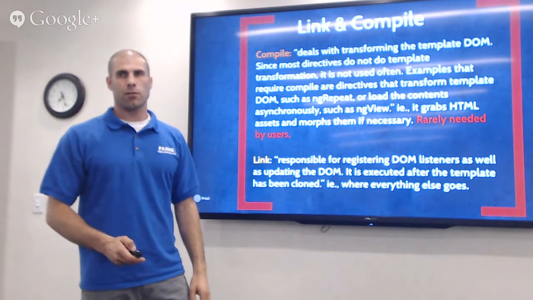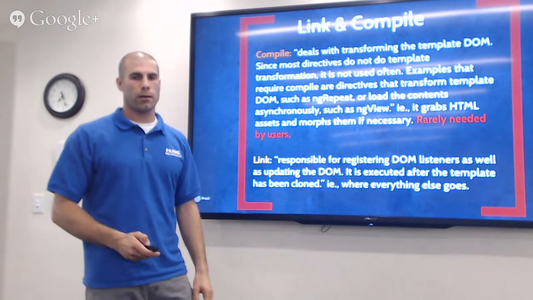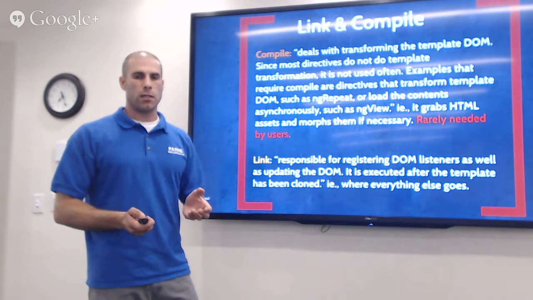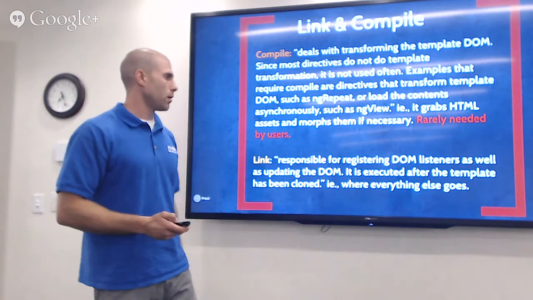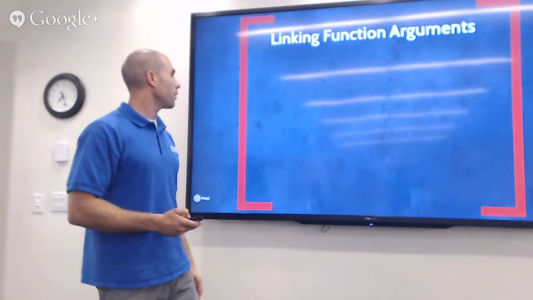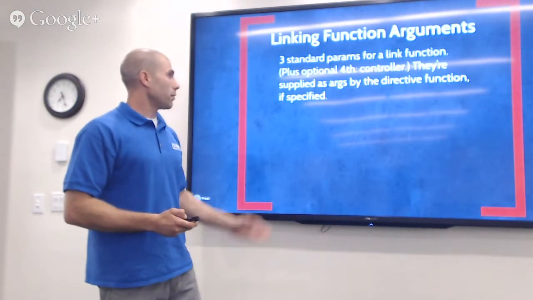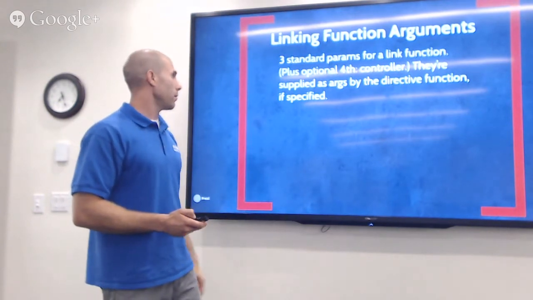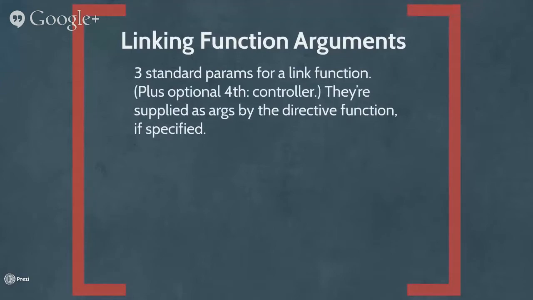Linking function is basically where everything else goes. It just creates listeners on the directive and holds all the logic that you need for your directive. And there are three standard parameters going to the linking function, which you'll see here in a second, plus a fourth, controller.